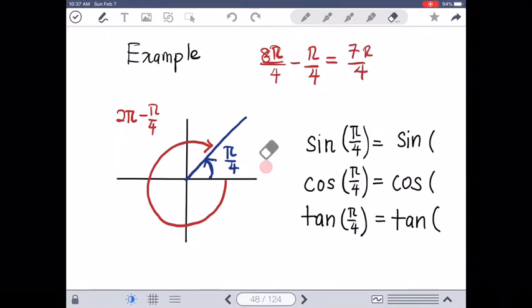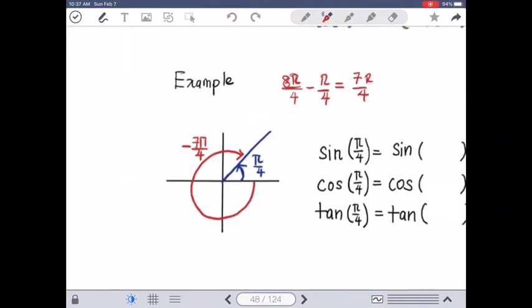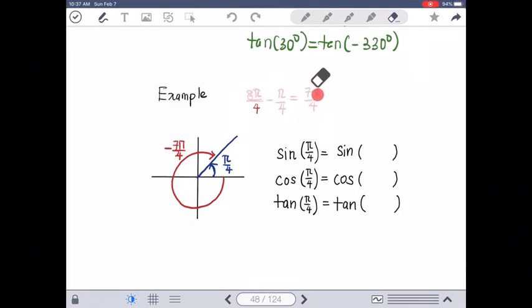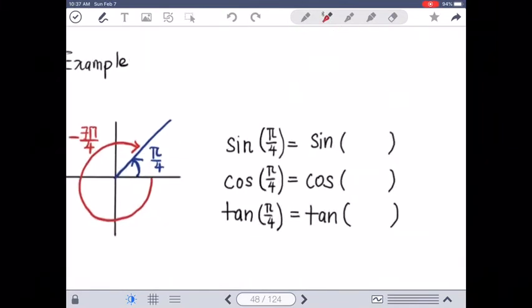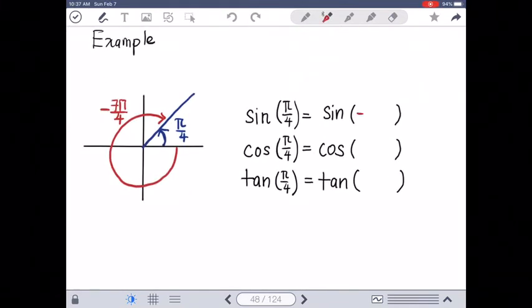So this is negative 7 pi over 4. And we know that sine pi over 4 is just equals to sine negative 7 pi over 4. Cos pi over 4 is just equals to cos negative 7 pi over 4, and tan pi over 4 is just tan negative 7 pi over 4.